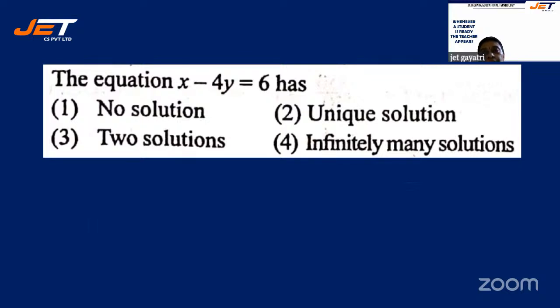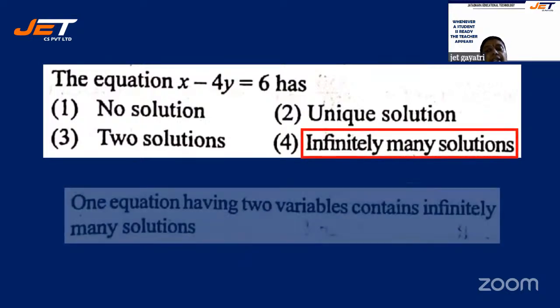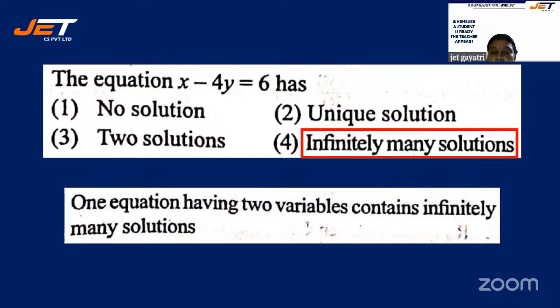Okay, so I'm sure you must be able to get the answers by now. Let's see. Yes, it is infinitely many solutions, because one equation having two variables contains infinitely many solutions, right? Supposing we have only x, forget about x, we have only 4y is equal to 6, right?